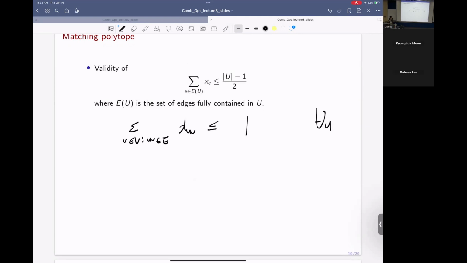And I'm going to add the degree constraints for all vertices in this subset U. Okay. Then the right-hand side will become the number of vertices in U. Okay. Then let's look at the left-hand side.